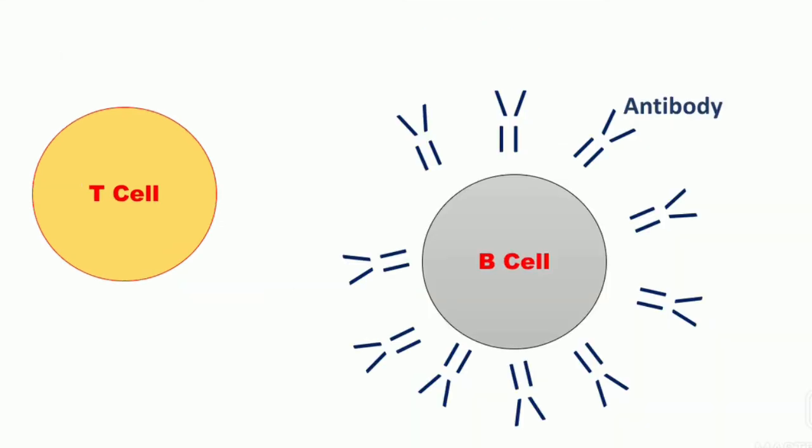The activated T cell will then talk to our B cells. This is the second most important player of our adaptive immune system. And this B cell will work very hard in order to produce several millions of antibodies. These antibodies will be highly specific to the antigens that are present on the surface of our foreign body.